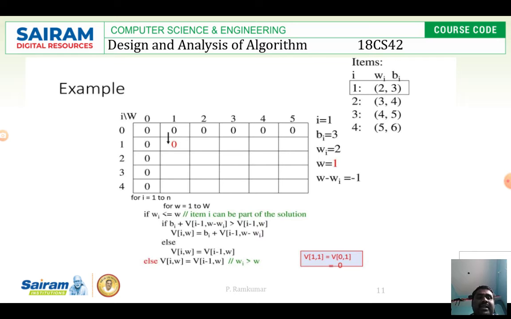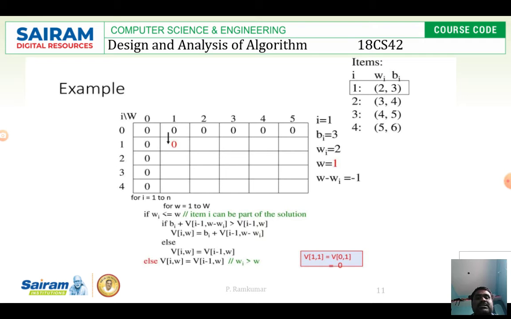That is, for item 1, weight is 2 and benefit is 3. For item number 2, weight is 3 and benefit is 4. For item 3, benefit is 5, weight is 4. For item 4, weight is 5, benefit is 6. Benefit or profit, whatever it is.